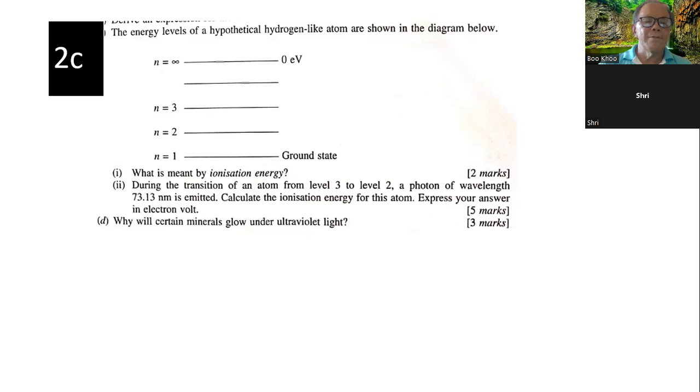What is the answer? Ionization energy is the minimum energy required for removing an electron from the ground state to infinity. This didn't ask you what ionization energy is. That one is over already. You're not paying attention in class. They're asking why certain minerals glow under ultraviolet light.